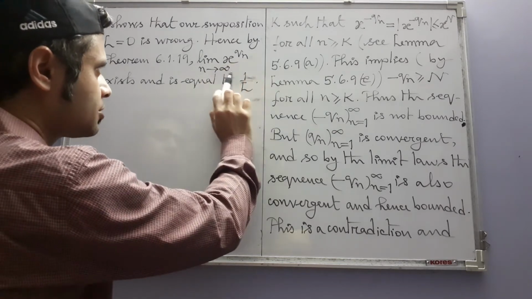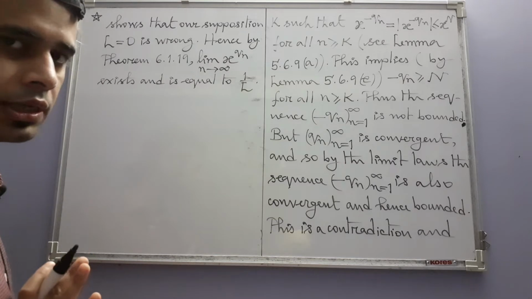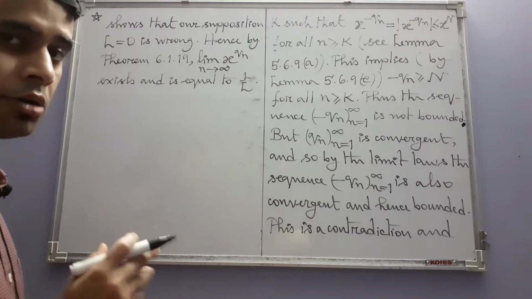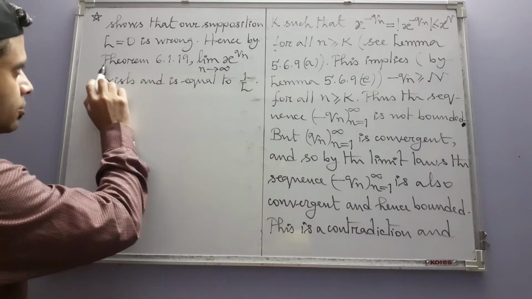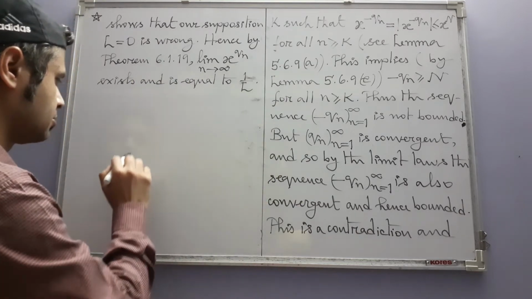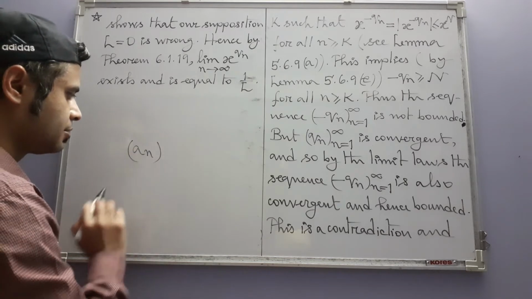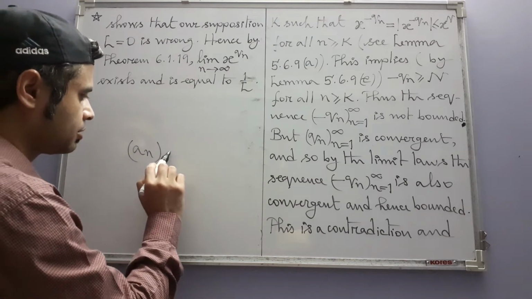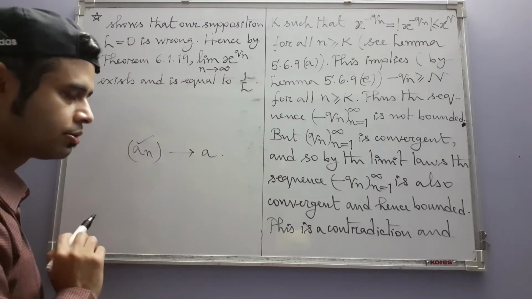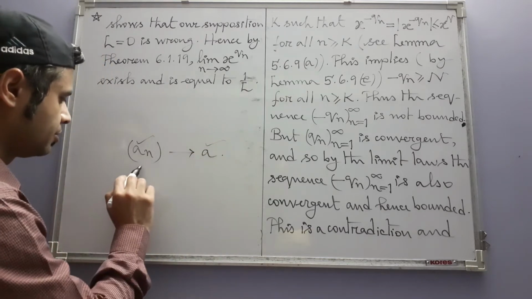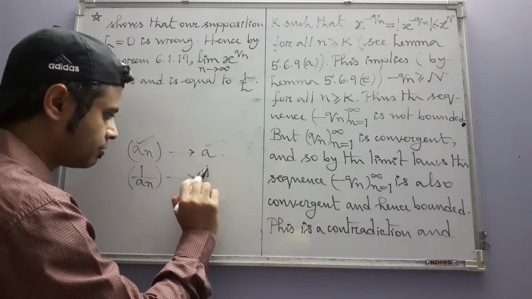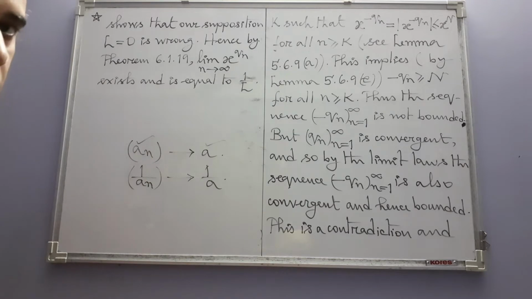You see, the terms themselves are of course non-zero, that we already have, but the limit, there was a possibility that the limit could be 0. Now we have seen it's non-zero, so we are able to use theorem 6119, that part of this theorem which gives you this, that if you have a sequence of real numbers that converges to A, all the terms of the sequence are non-zero real numbers and the limit is also non-zero, then this sequence is also convergent and it converges to 1 over A. That's what we have used here.